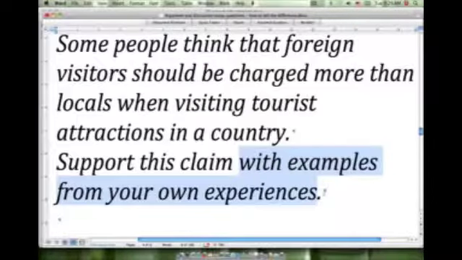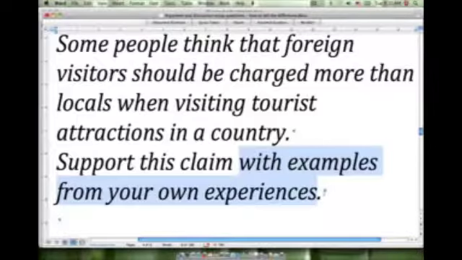So even though the question is telling us that we're supposed to share personal experiences, I encourage you to try as hard as you can to avoid falling into the trap of writing every sentence with "I" or "my opinion is," because this makes your essay sound like it's being written by a middle school student, not by a student that's trying to go to a Western university.